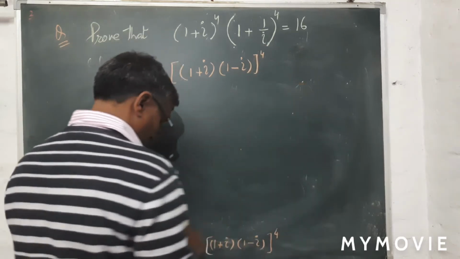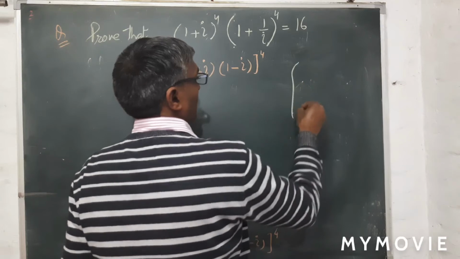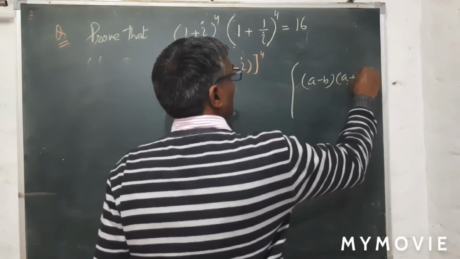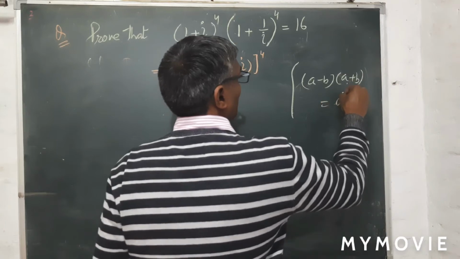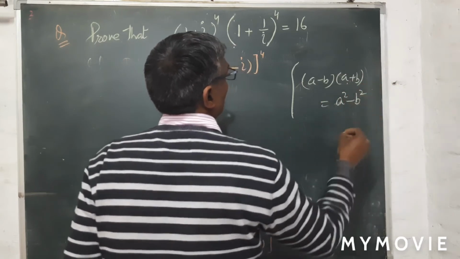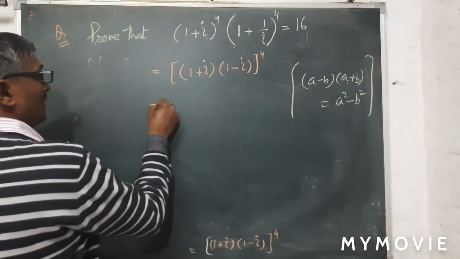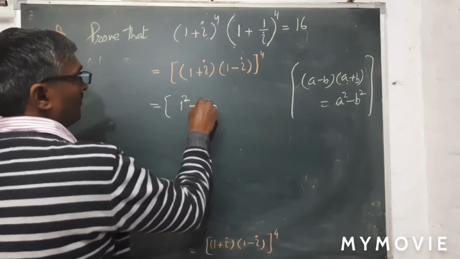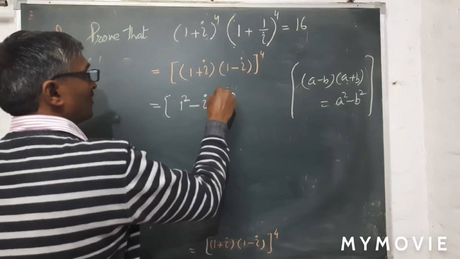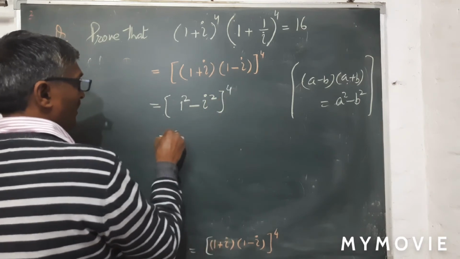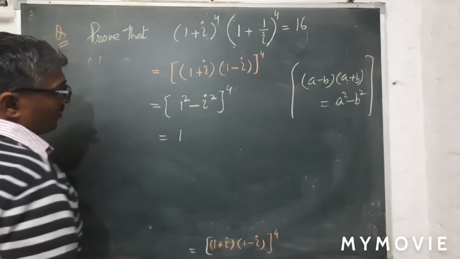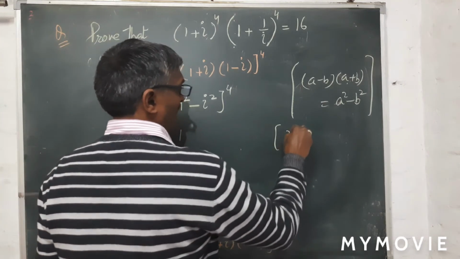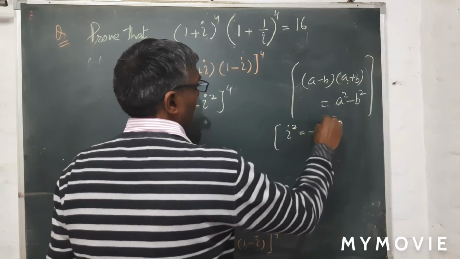Here, using the formula a minus b into a plus b is equal to a square minus b square, that is equal to square of 1 minus iota square, to power 4. Minus 1, square of 1 is 1. Iota square, what is iota square? Iota square is equal to minus 1.